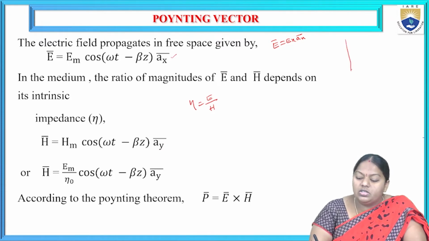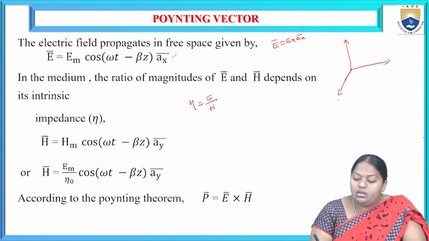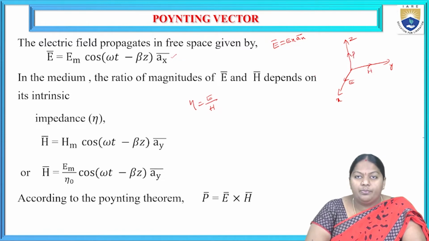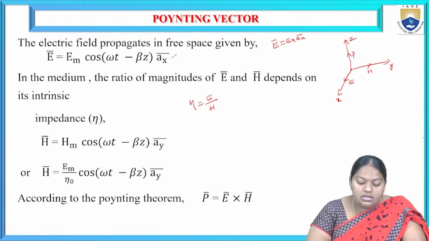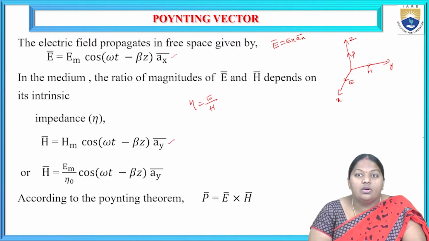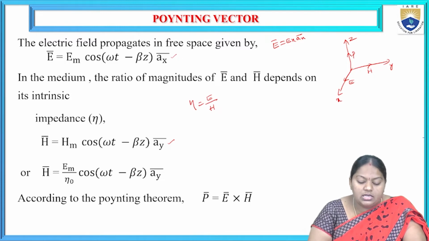Initially we have assumed the uniform wave or electromagnetic wave directions XYZ, so the electric field is in the X direction, the magnetic field in the Y direction, and the propagation vector is in the Z direction. Hence H is expressed in the Y direction as H equal to Hm cos(omega t minus beta z) into Ay.